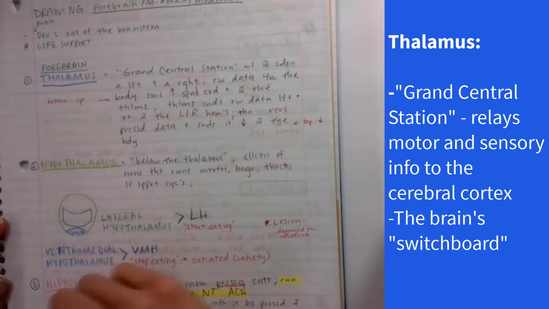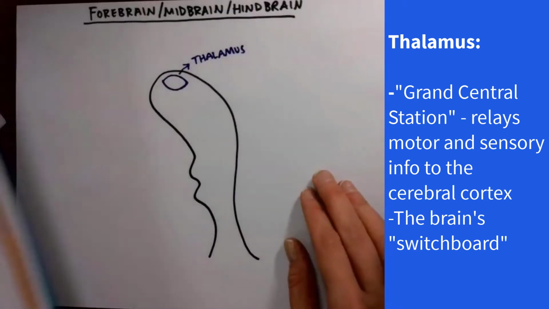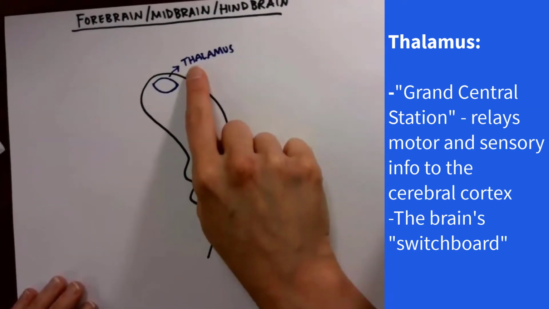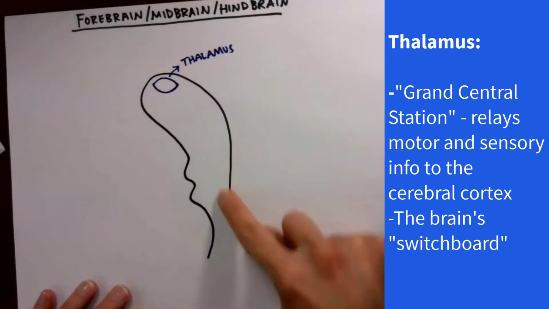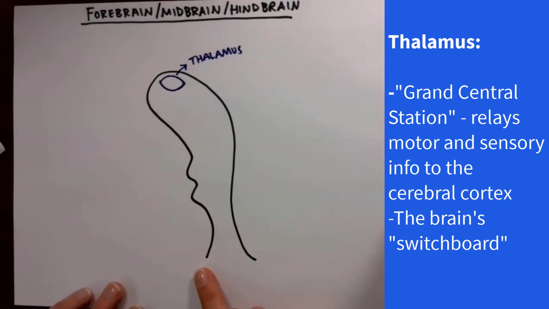It comes up the spinal cord and goes to the thalamus. So the thalamus sends raw data left and right to the left and right hemispheres. Then it receives processed data and sends it back down to the body through top-down processing. So it goes back down this way.